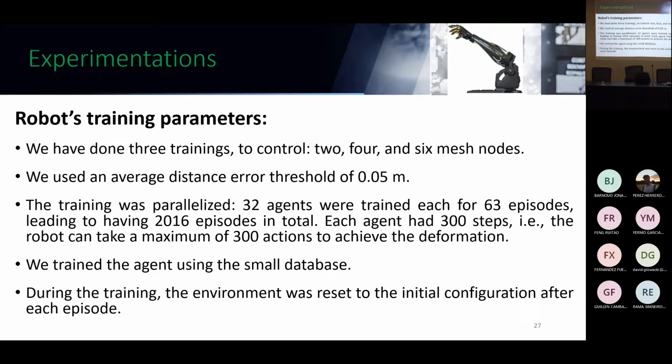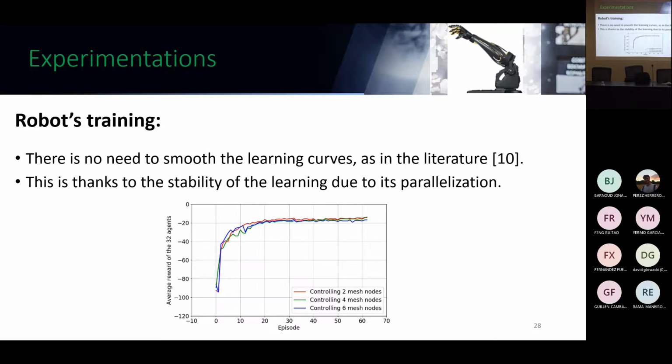This means that if on average the distance from the goal is within 5 centimeters, we consider it achieved. And we use the small database, as I mentioned previously, to make the training, and we reset the environment after each episode. Resetting the environment means that the object and the robot go back to their initial state, which was this vertical state I showed in the beginning.